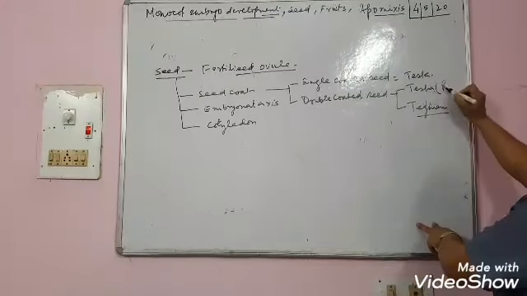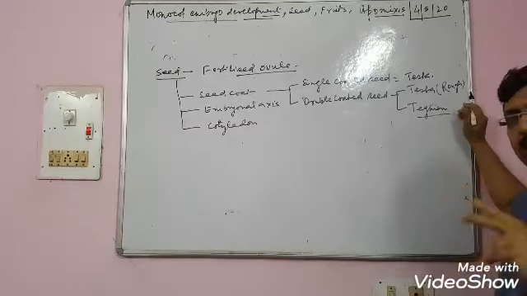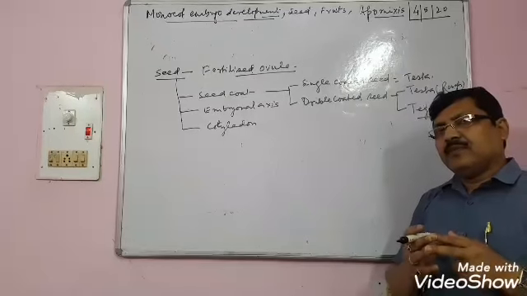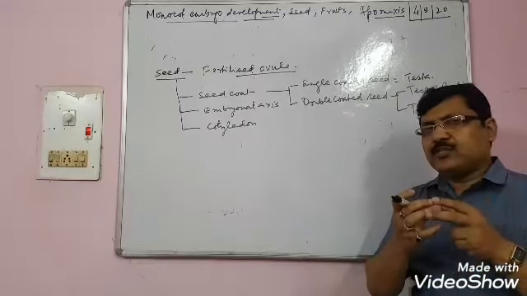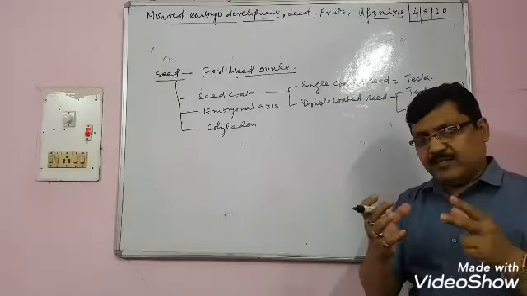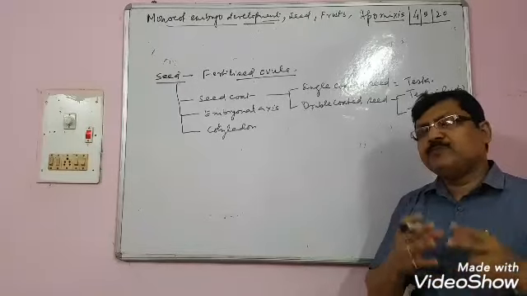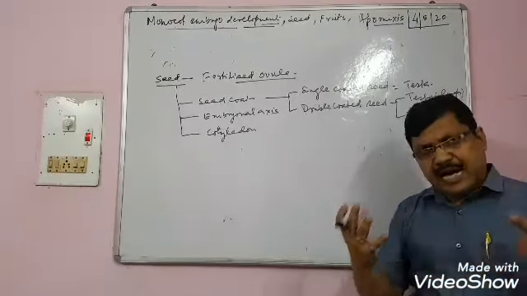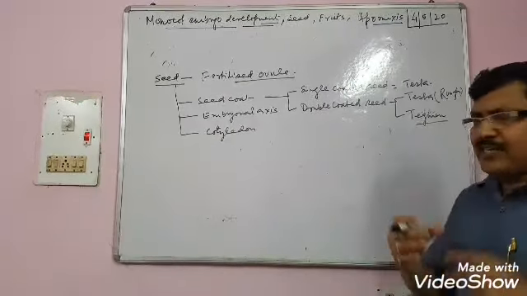The testa is rough and tough, and it is the outermost layer, so it protects the seed or embryonal axis from external factors. It prevents chemical action, high temperature, high humidity, and bacterial or fungal action.